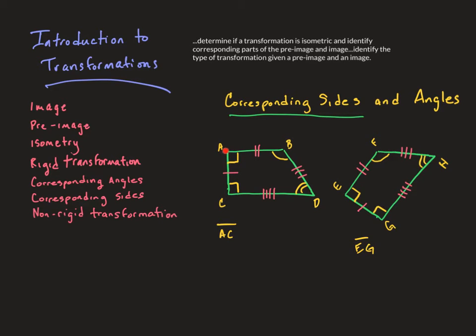So side AC is congruent to EG, AB is congruent to EF, BD is congruent to FH, and CD is corresponding to GH, because we have a congruent figure and corresponding sides.